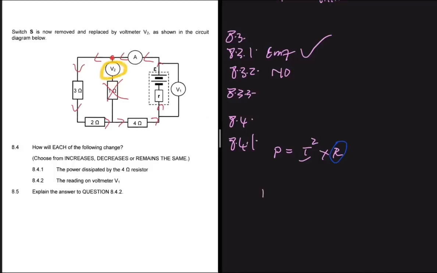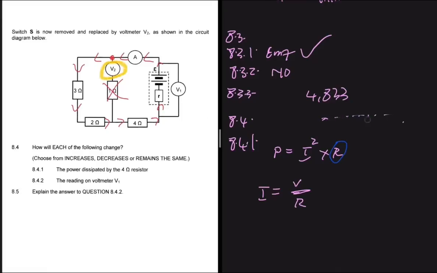Because let's not forget that I is equals to V divided by R, right? So clearly, when that 1 ohm resistor is no longer in play, the resistance is going to go up, because all those 3 resistors, they're now in series, right? Resistance was initially 4.833, but now the resistance is 3 plus 2 plus 4, which is equals to 9.